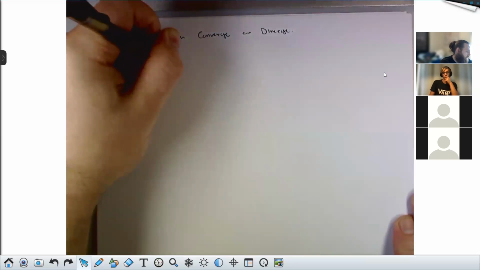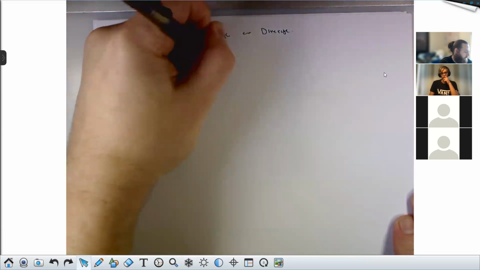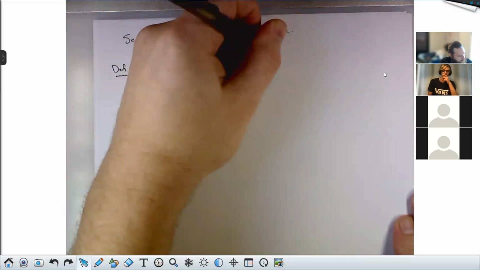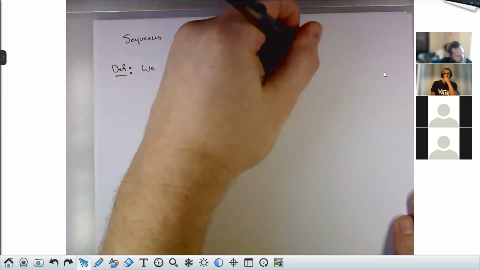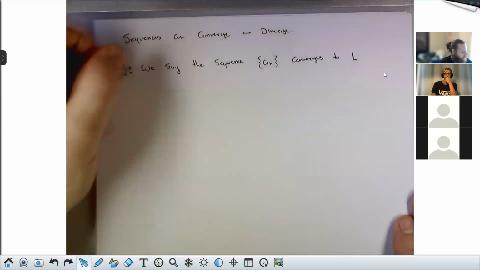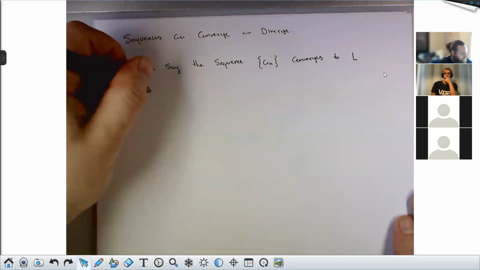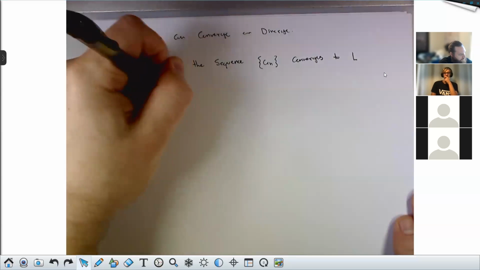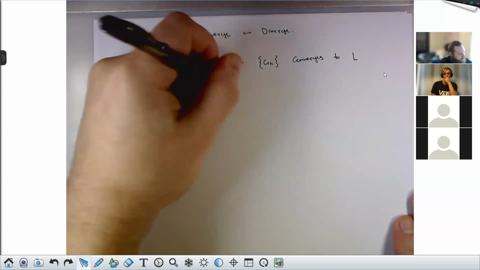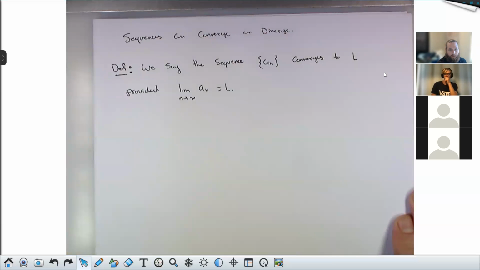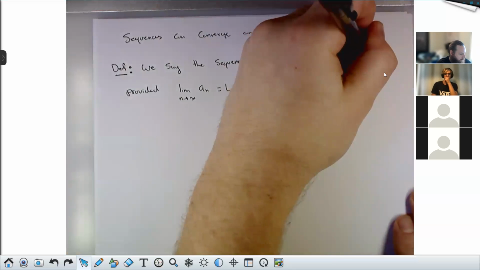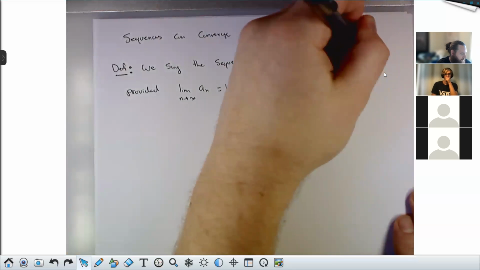We say the sequence a_n converges to the real number L, provided the limit as n goes to infinity of a_n is equal to L. And again, L has to be a real number, meaning finite.